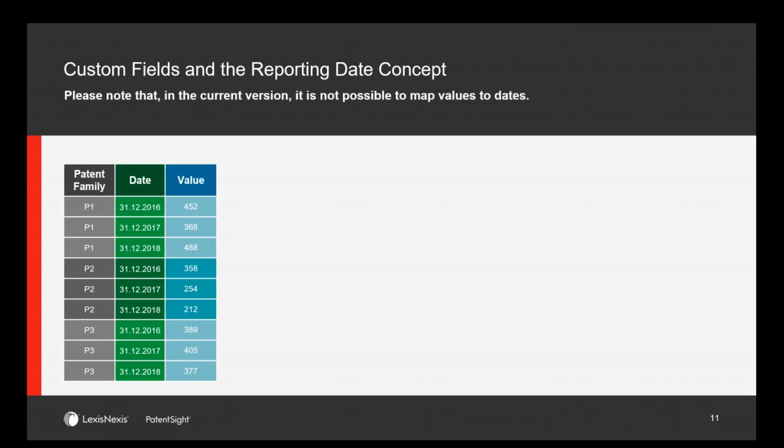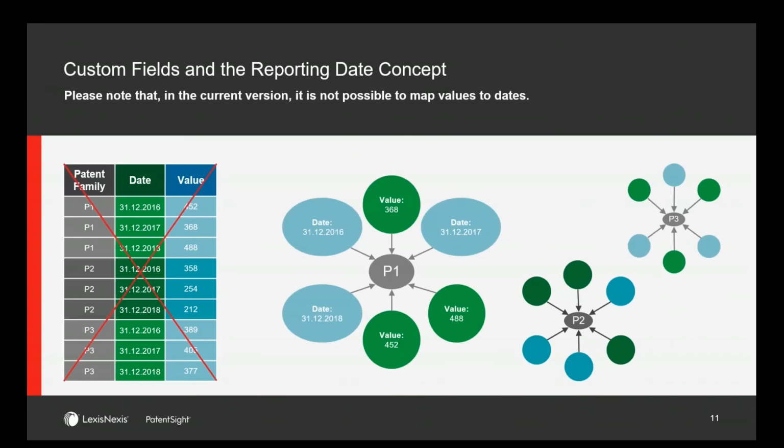So one might imagine that we could just use these multiple value custom fields, map 3 dates to the same patent family, and map 3 values to the same patent family, just go in a row, import that, and I could present something as a time development.